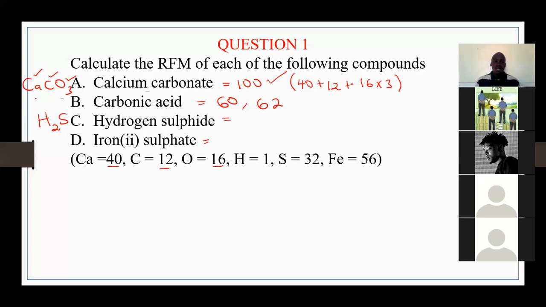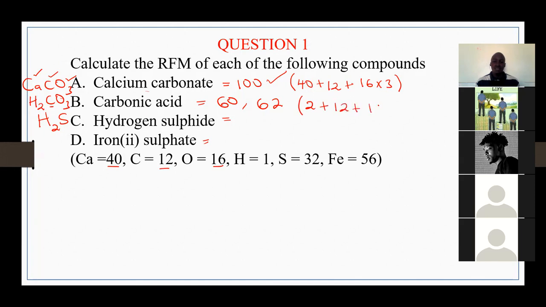Then we also have carbonic acid. Carbonic acid, the formula is H2CO3. So that means we have 2 hydrogen atoms. 2 times 1, or 1 times 2, which is 2. Plus carbon is 1 atom, or 12 times 1, which is 12.